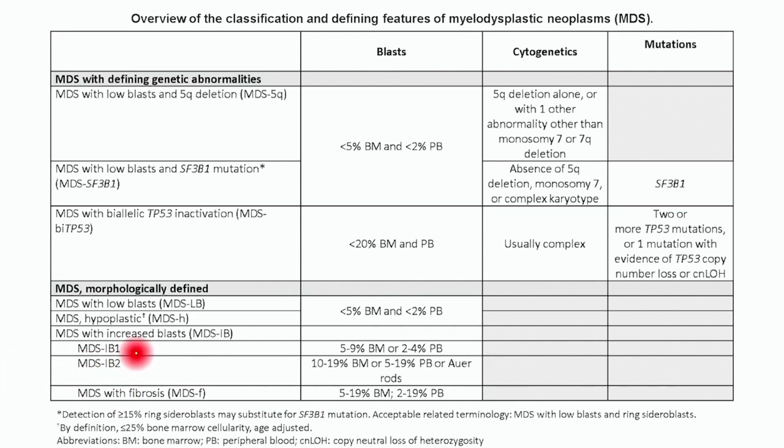Under this category, which is increased blasts, if we have bone marrow fibrosis, then the patient can be diagnosed as MDS with fibrosis, and as you can see, with the same blast percentage. They defined hypoplastic MDS as less than 25% bone marrow cellularity, age adjusted.